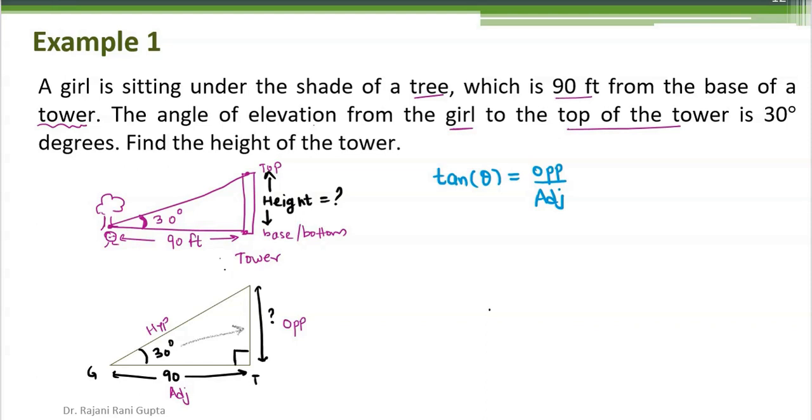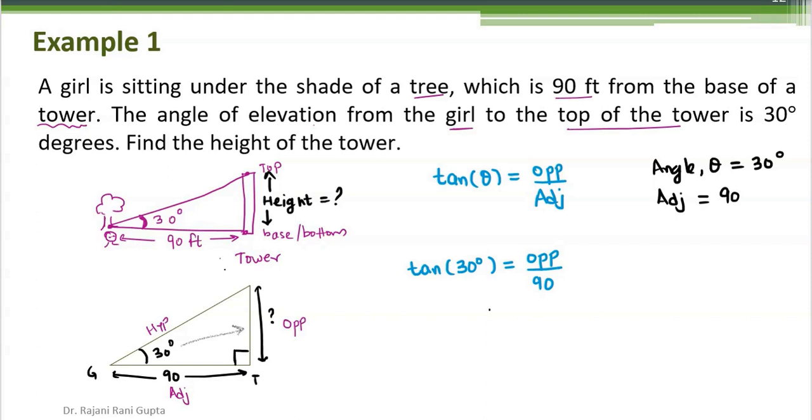In your case, the angle, which we denote by theta, is given as 30 degrees. The value of the adjacent side is given as 90 feet. Substituting these values, what do we get? Tan 30 degrees equals opposite over 90.